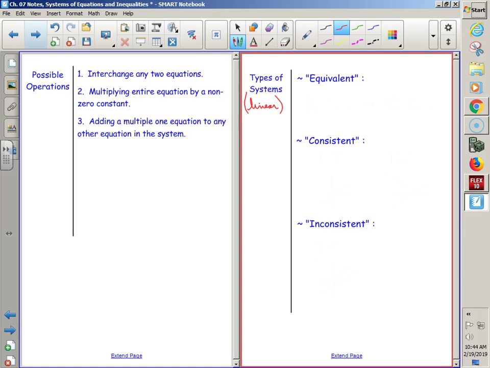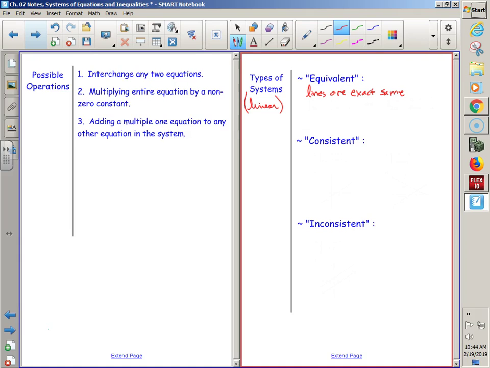Just linear. Equivalent. If we have an equivalent system, that basically means that my lines are the exact same. Now, here's the struggle. Two lines can be the exact same and not look the exact same.